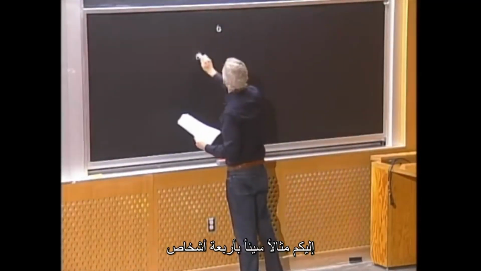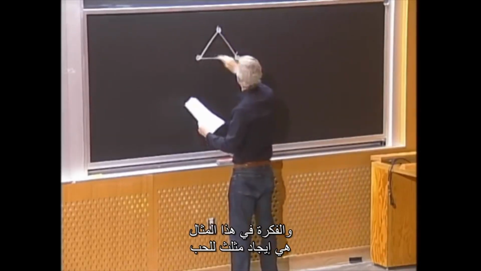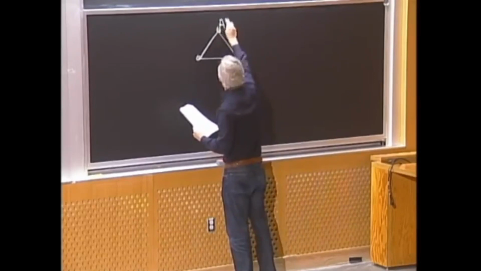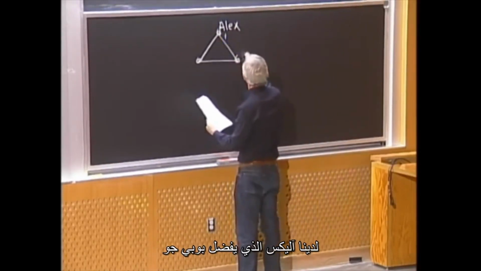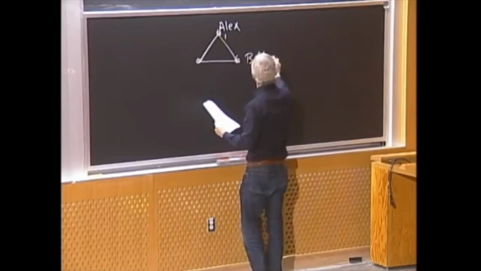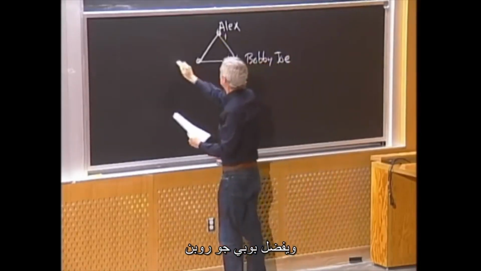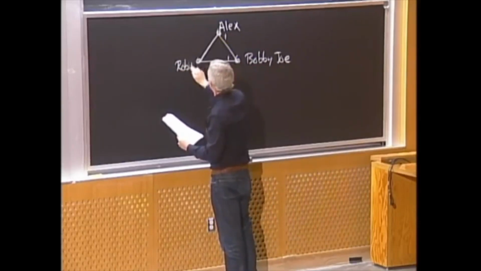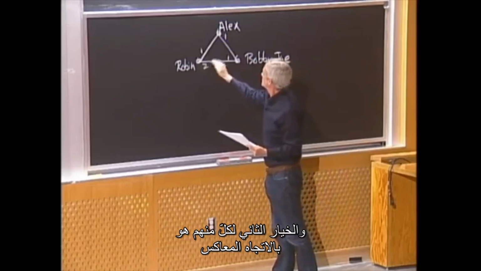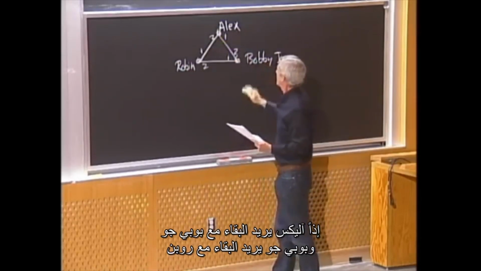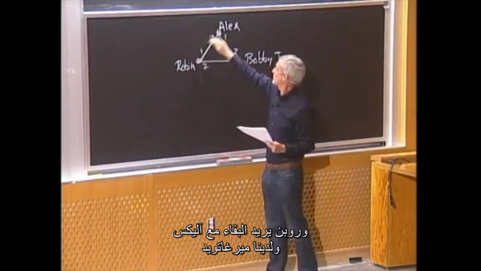So here's a bad example with 4 people. The idea is to create a love triangle. We have Alex, who prefers Bobby Joe. Bobby Joe prefers Robin. And Robin prefers Alex. Their second choices go in the opposite order. So Alex wants to be with Bobby Joe, who wants to be with Robin, who wants to be with Alex.